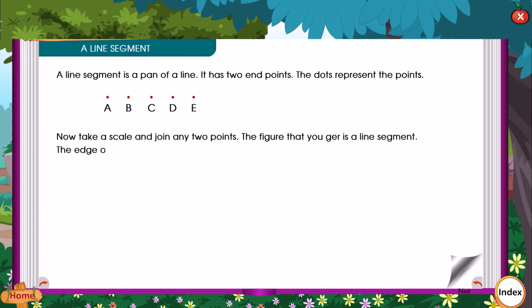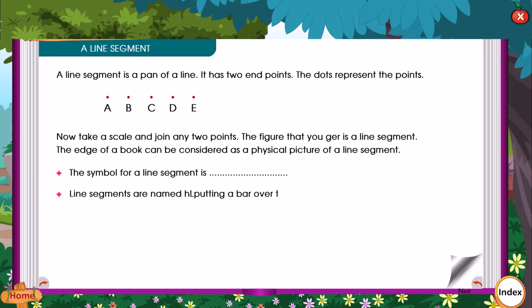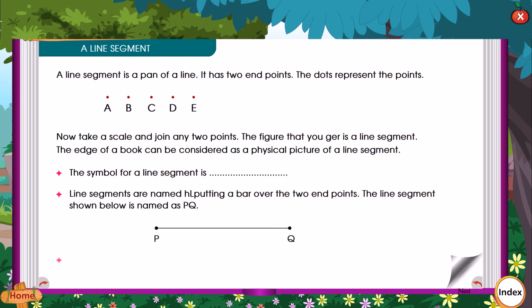The edge of the book can be considered as the physical picture of a line segment. Line segments are named by putting a bar over the 2 end points. The line segment shown below is named as PQ. The length of the line segment is limited. It cannot be increased or decreased.